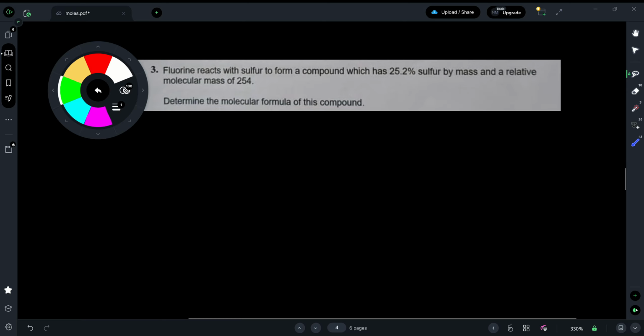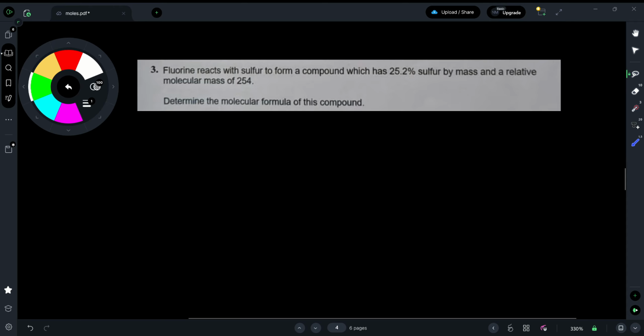Fluorine reacts with sulfur to form a compound which has 25.2% sulfur by mass and a relative molecular mass of 254. They want us to find the molecular formula.